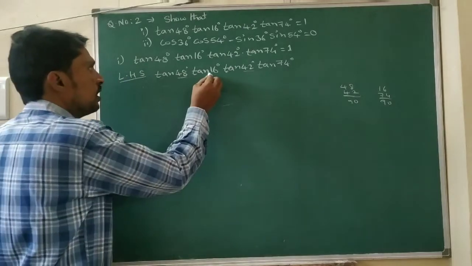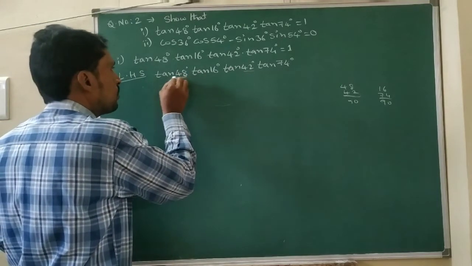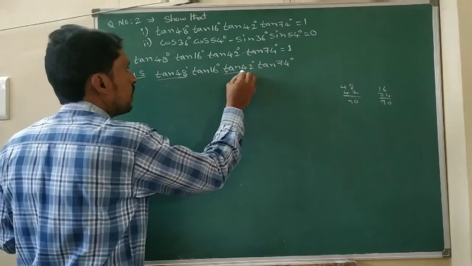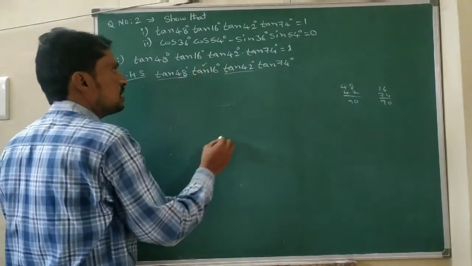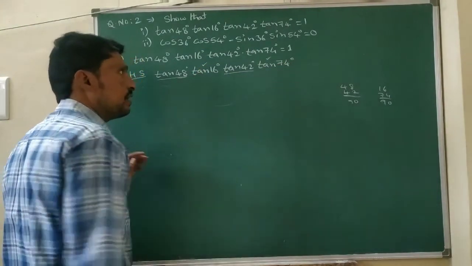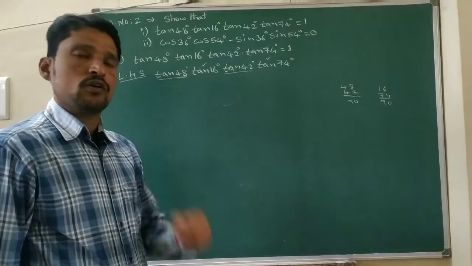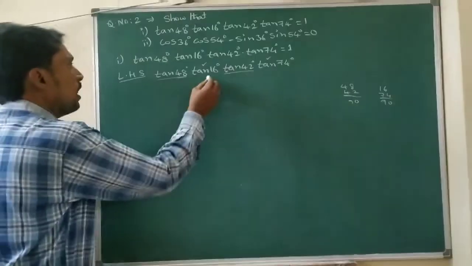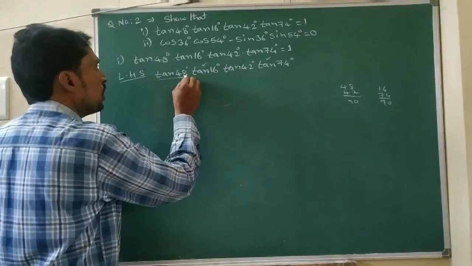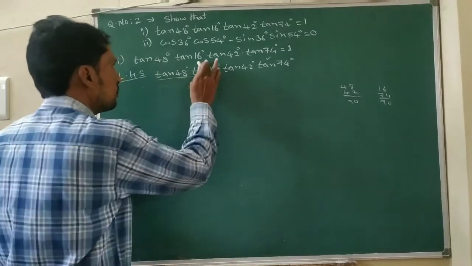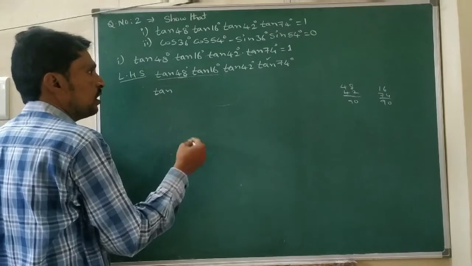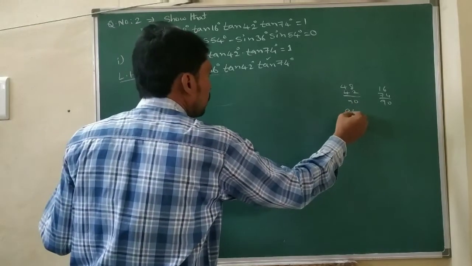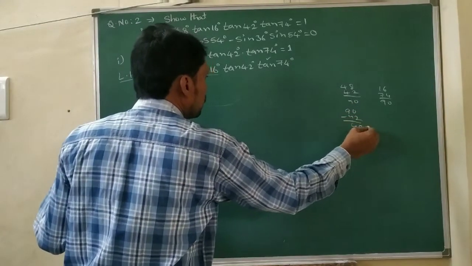So in tan 48 and tan 42, we can change any one only. In tan 16 and tan 74, any one only we need to change. I am changing the first two values. Tan 48: 90 minus 42 is 48.